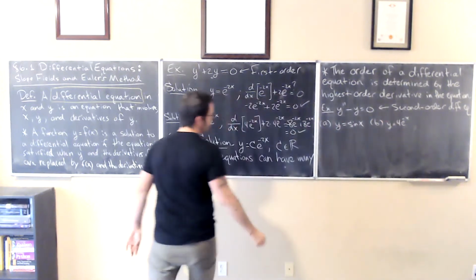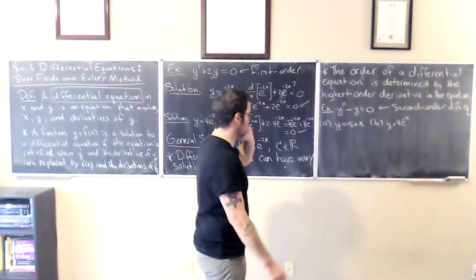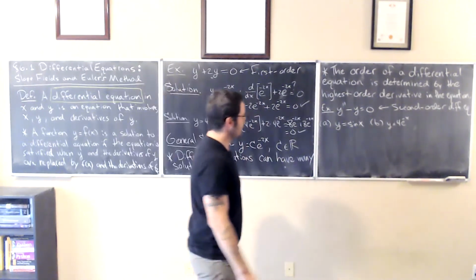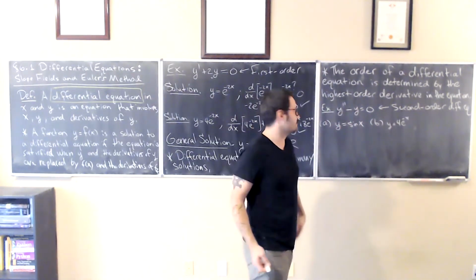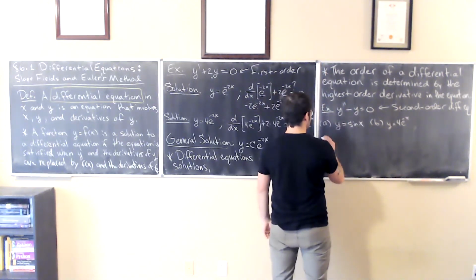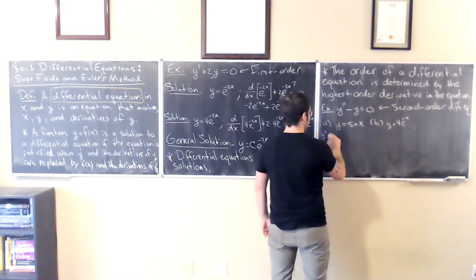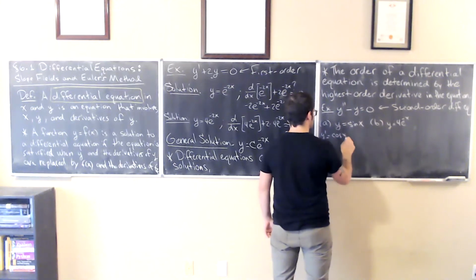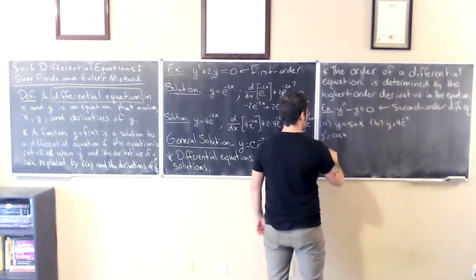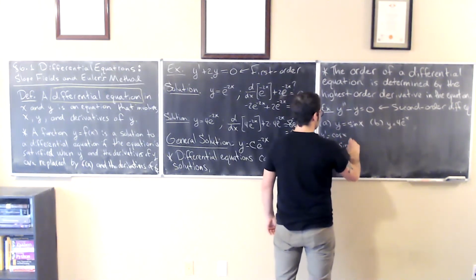So which of these are possible solutions to this second order differential equation? Well, we just plug in, we take the derivatives and see if it works out. So for this one, if that's y, then y prime is equal to cosine of x, and then y double prime is equal to negative sine of x.